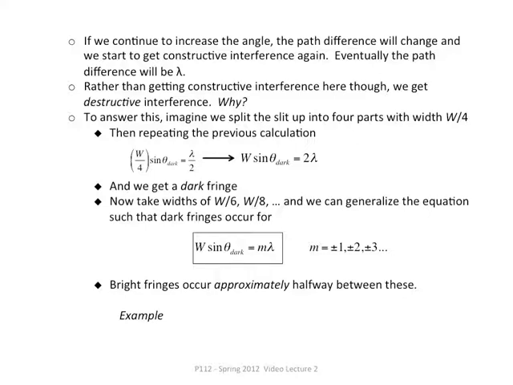So let's work out an example then. So let's say that we shine light with a wavelength of 532 nanometers onto a slit with width equal to, let's say, 80 micrometers.